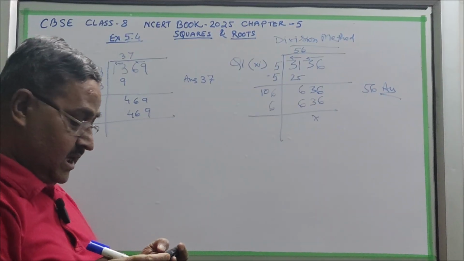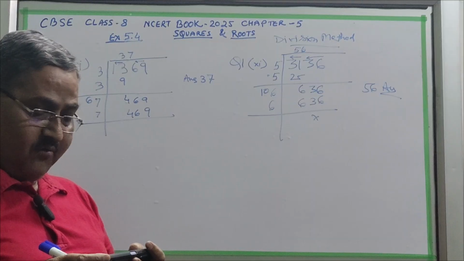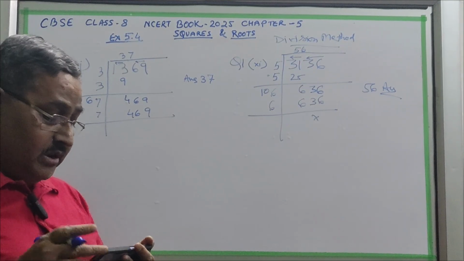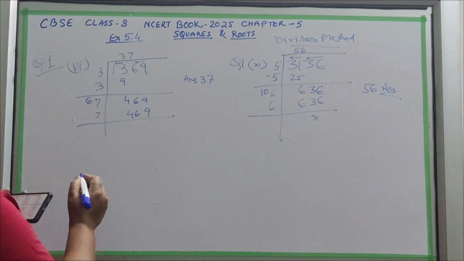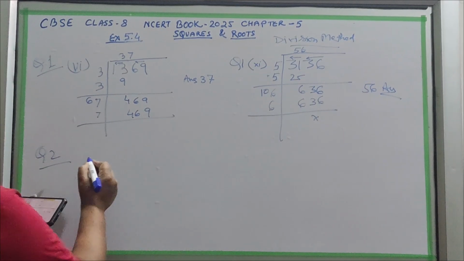Now find the number of digits in the square root of each of the following numbers without any calculation. So question number 2, it is from the previous, like 64 they are asking.